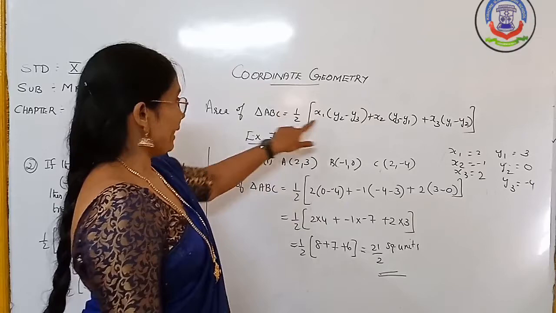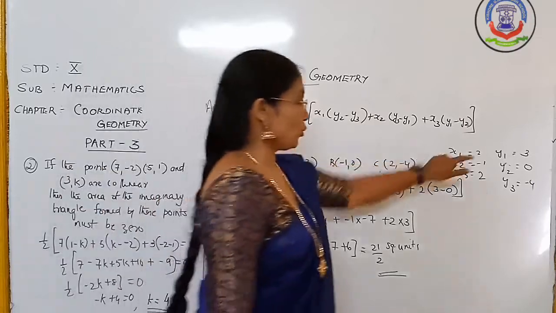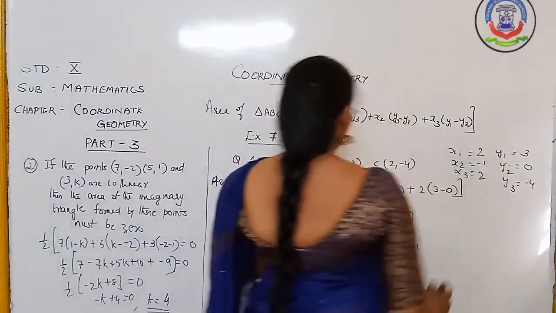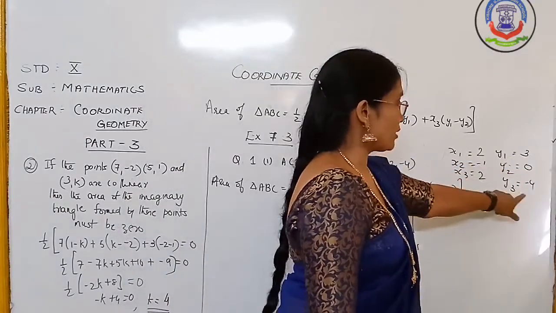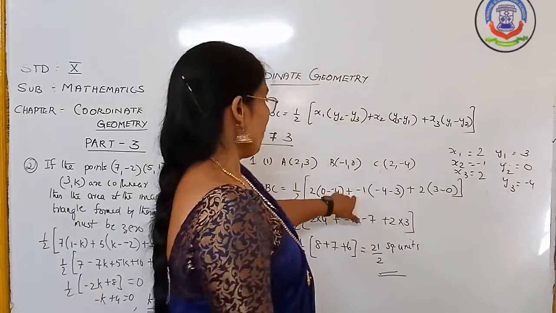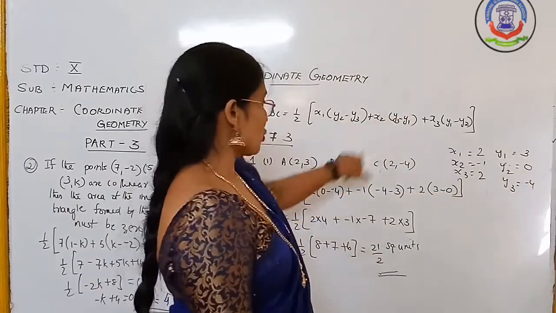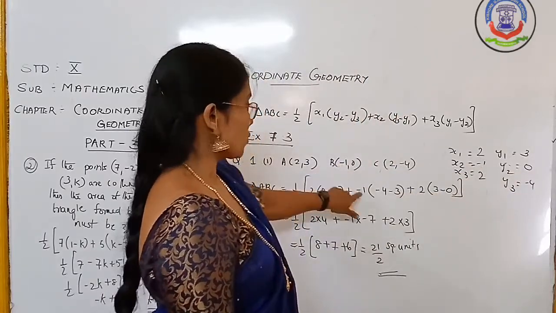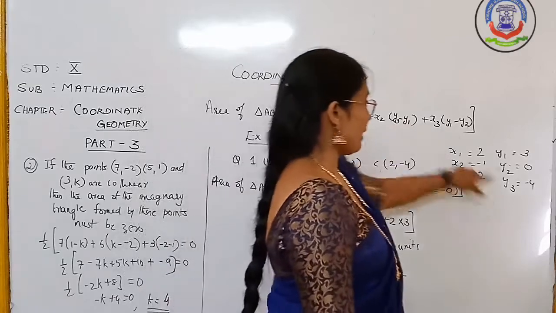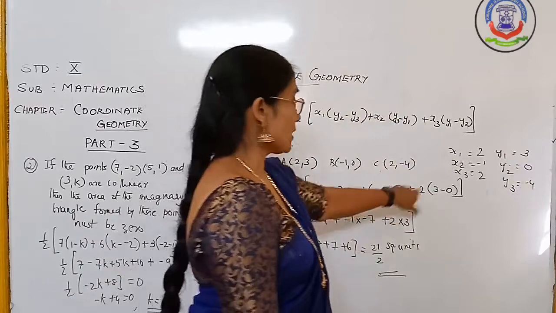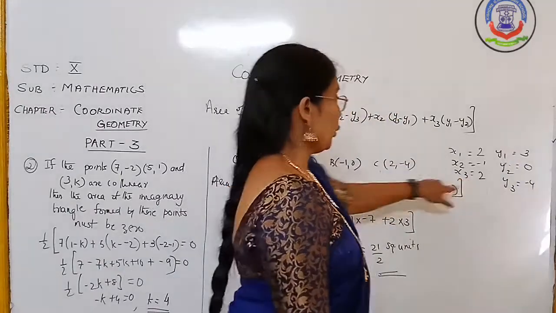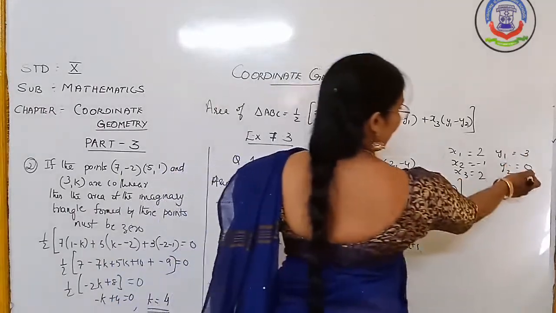Half into x1, where x1 is 2, into y2 minus y3, that means 0 minus 4, plus x2, which is minus 1, into y3 minus y1, that means minus 4 minus 3, plus x3, which is 2, into 3 minus 0.